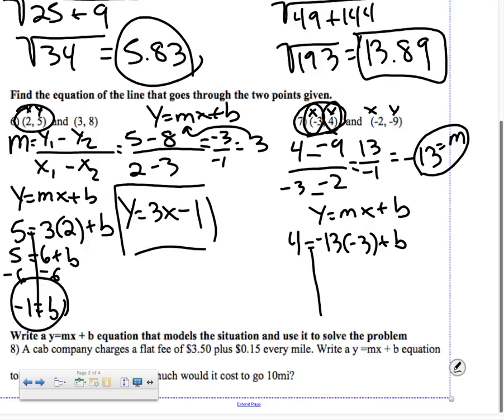So when I do my arithmetic here, I get 4 is equal to 39 plus b. Subtract the 39, and I get negative 35 is equal to b, which is not my final answer, just part of my final answer. My final answer is the equation y equals negative 13x minus 35.